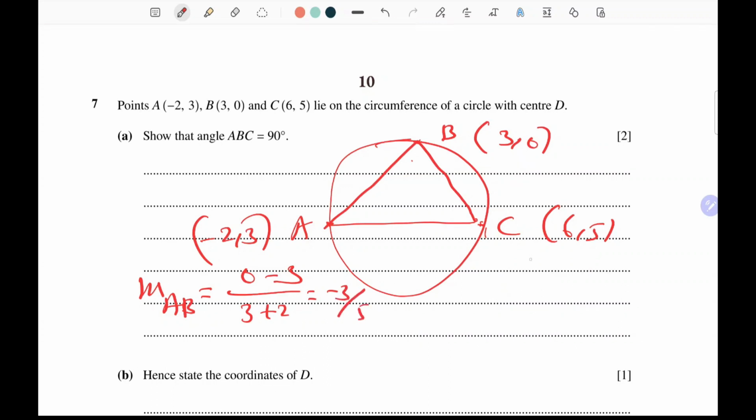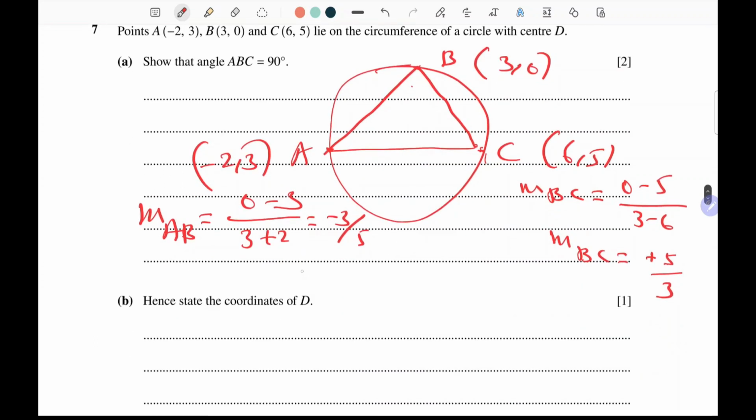Okay, great. Now the gradient of BC: 0 minus 5 over 3 minus 6, so that is minus 5 over minus 3, so that is plus 5 over 3. Now we have to multiply the gradient of AB times the gradient of BC.